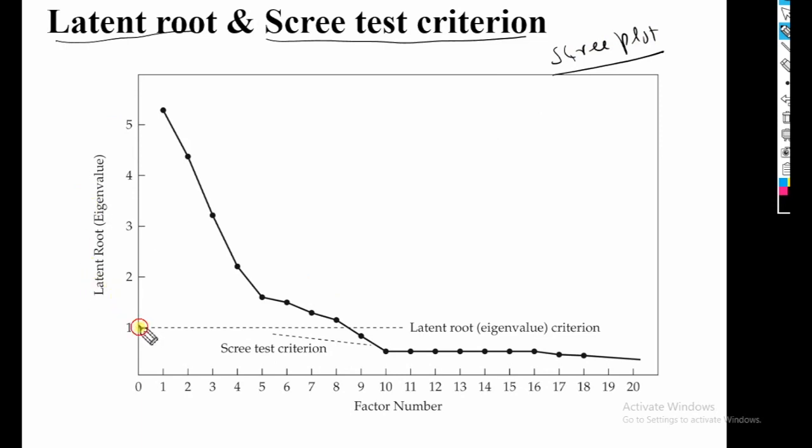We can fix an eigenvalue of 1, and all factors above 1 are useful for us. Here we are taking a total of 18 variables, but out of those, 8 are desirable for our study. So the Scree plot tells us how many factors we should retain, and through this we identify 8 factors.